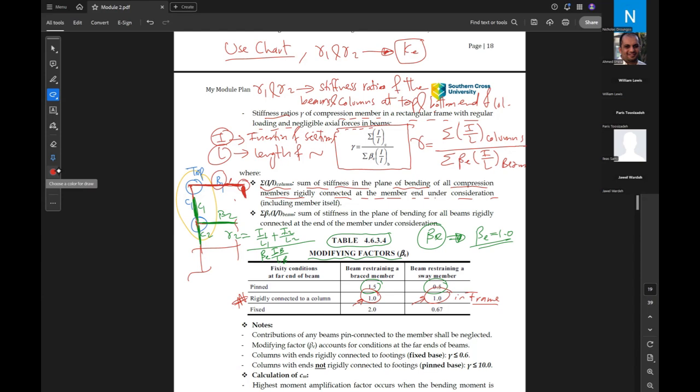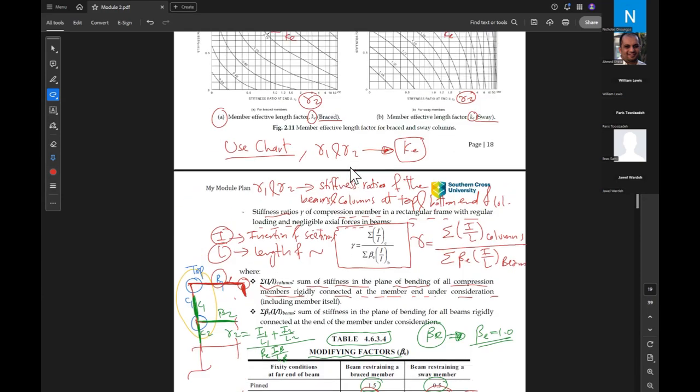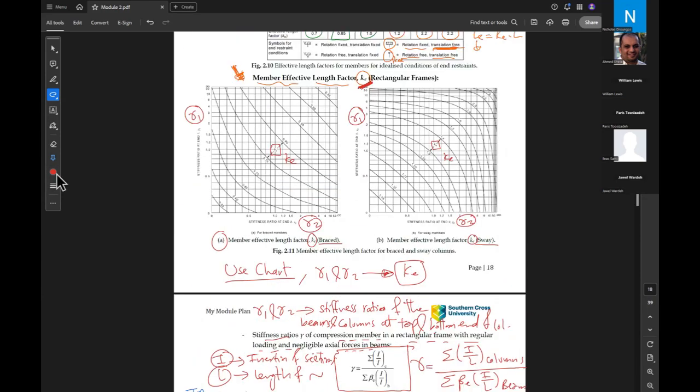Okay. So for example, after we get gamma 1 and gamma 2, if we have a braced frame, let's say gamma 1 was 1.5, and let's say gamma 2 was 1.5 as well.